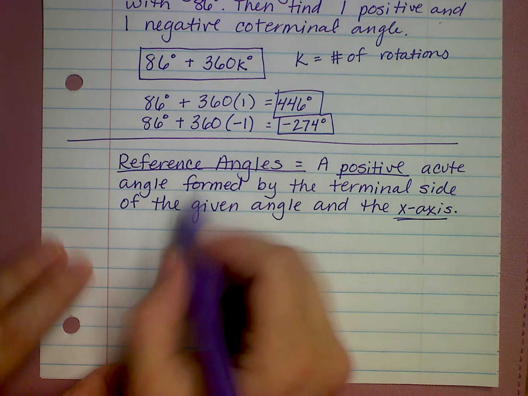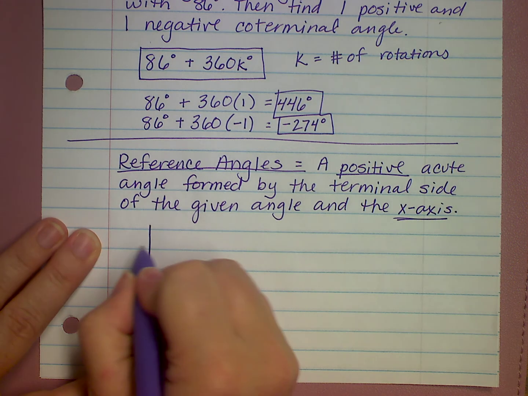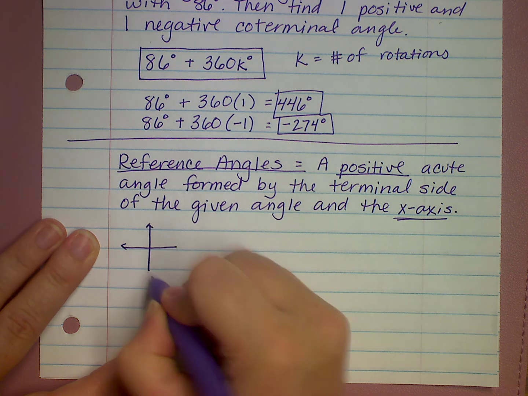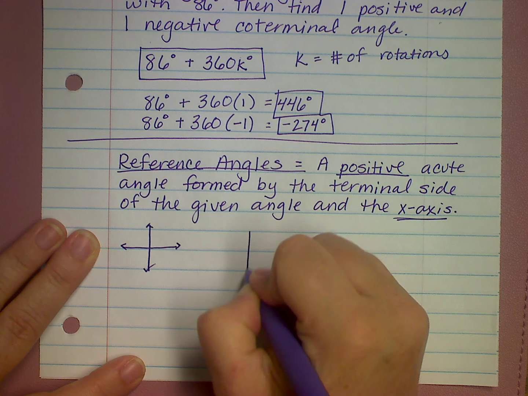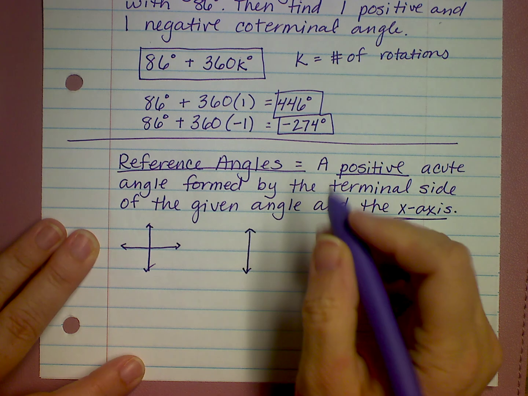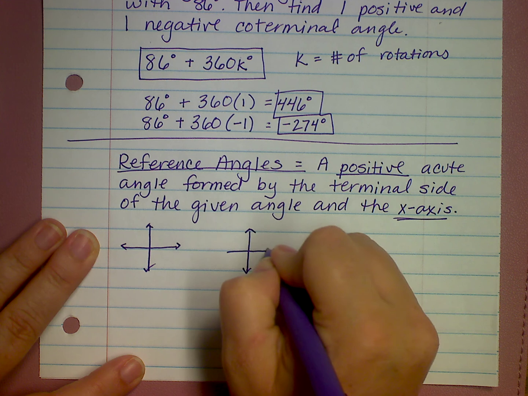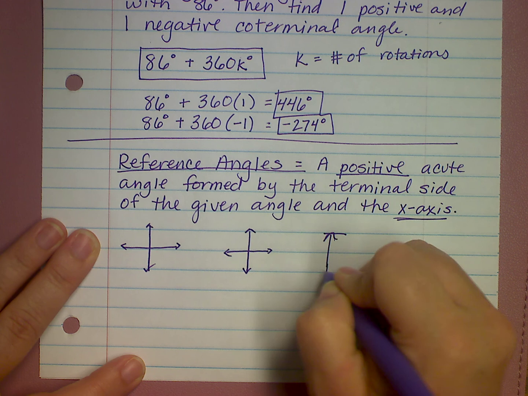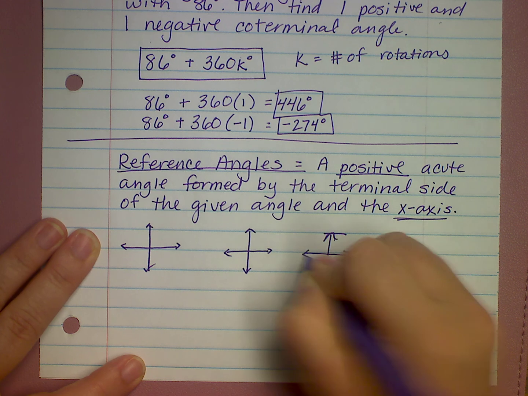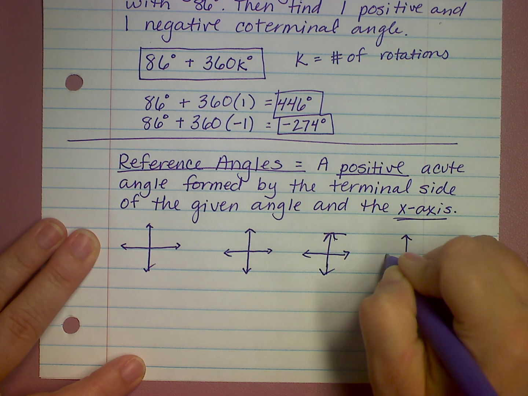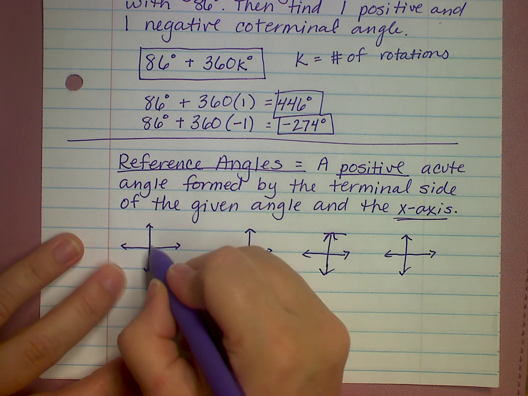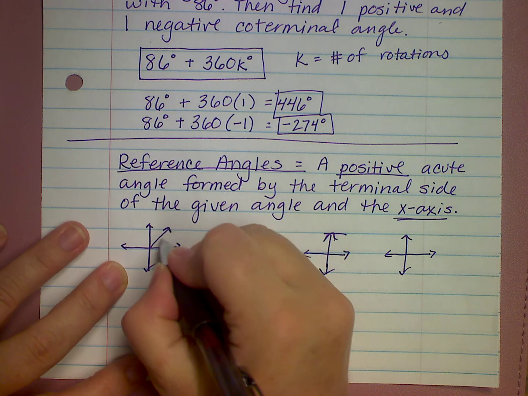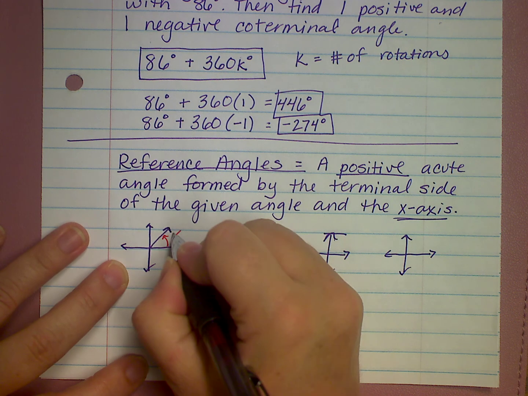So, I'm going to draw some quick examples for you. I'm actually going to draw 4 examples for you. Okay, so in the first one, if my angle is in the first quadrant, my reference angle is right here.